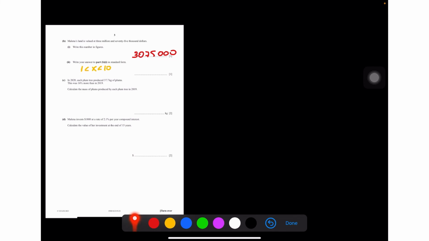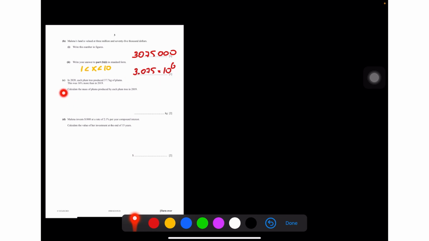That's why we have to write 3 point something, and there are 6 numbers after the 3, so we can write 10 to the power of 6.